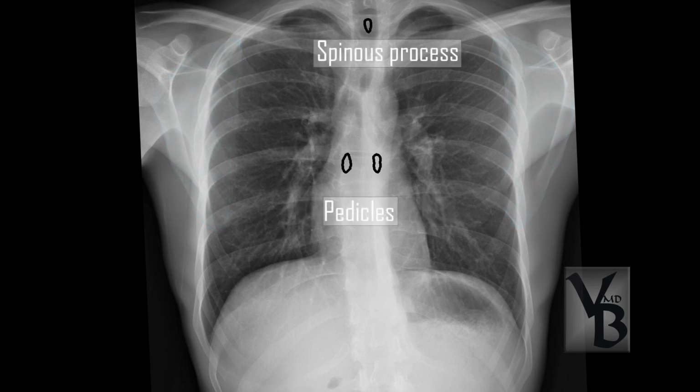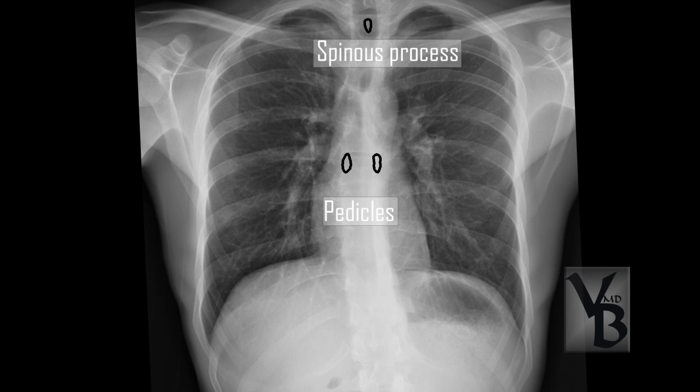After looking at the ribs, the clavicles, and the interspaces, look at the spine. Look at the articular margins of the ribs with the spine, the costochondral junctions, the costovertebral junctions, and you should be able to also identify the spinous process, which is seen as an ovoid structure end on in the midline, and superolateral to either of it, you could easily see in each vertebral body the pedicles also appearing as ovoid structures.